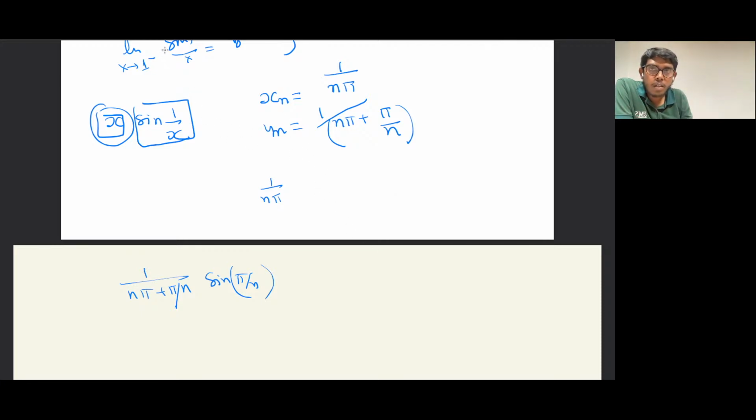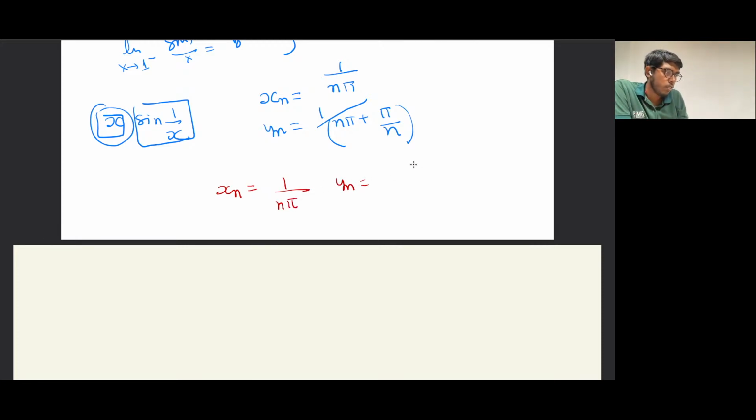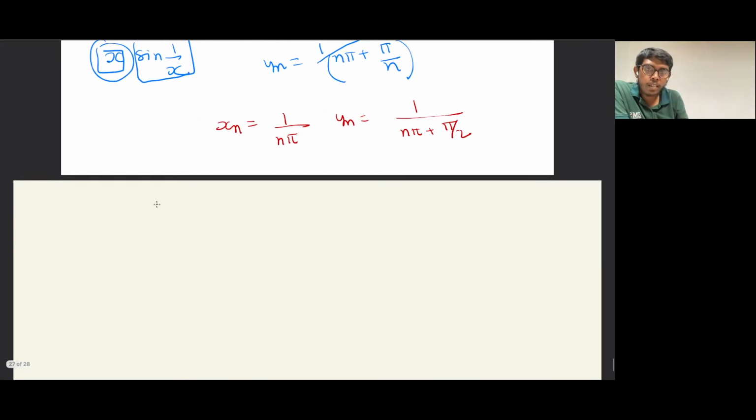Let's take xn as suggested, 1 by n pi, and yn as 1 by n pi plus pi by 2. I guess this will work. Clearly xn minus yn goes to 0, so I don't need to check.